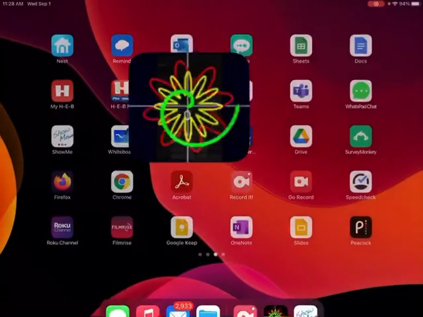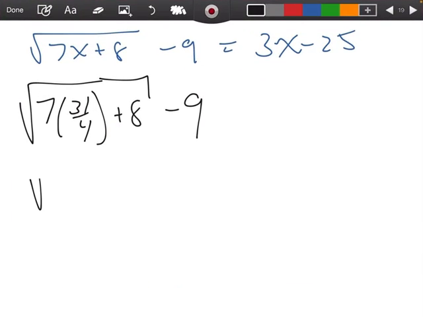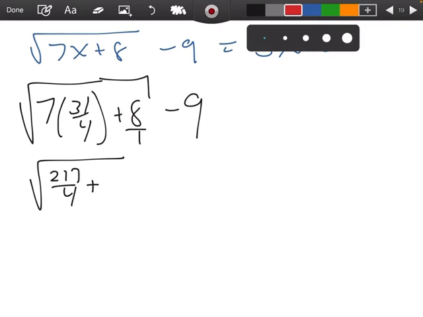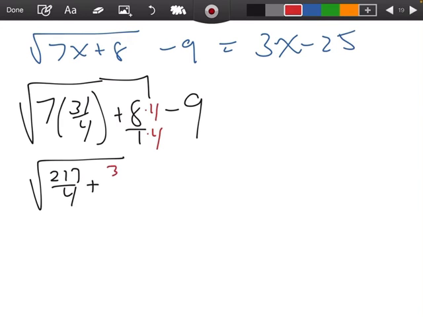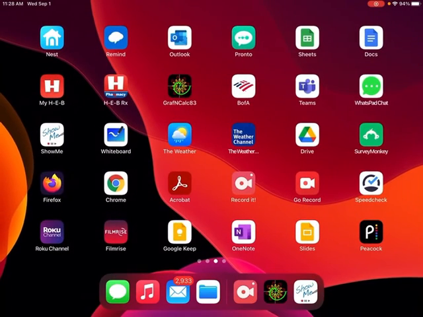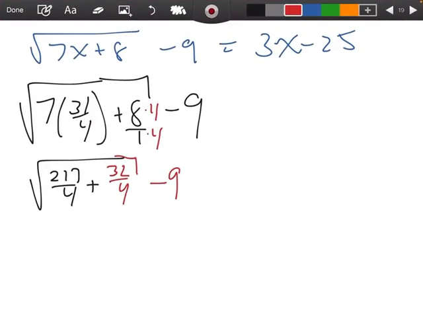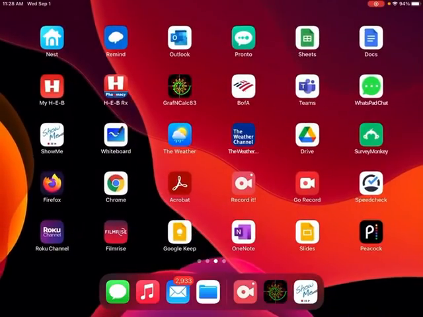Okay. So 217 over 4 plus, let me think about this as 8 over 1. So I need to get a common denominator, multiply this guy by 4, multiply that guy by 4. That's 32 over 4. Okay. Minus 9. So 217 plus 32 is 249.